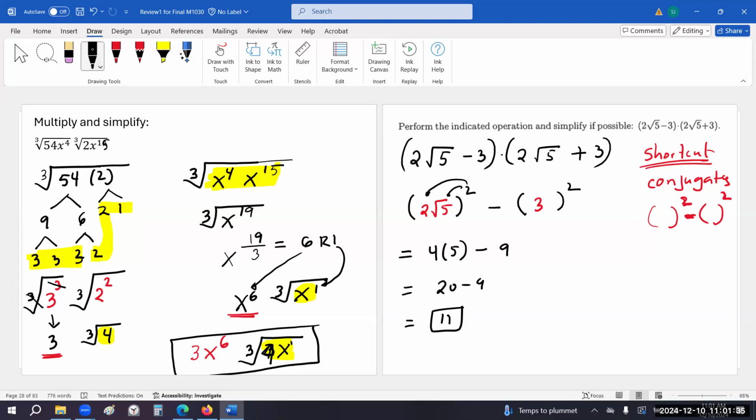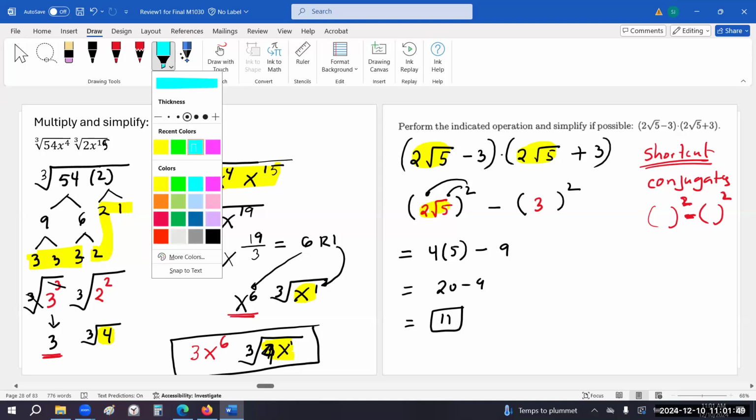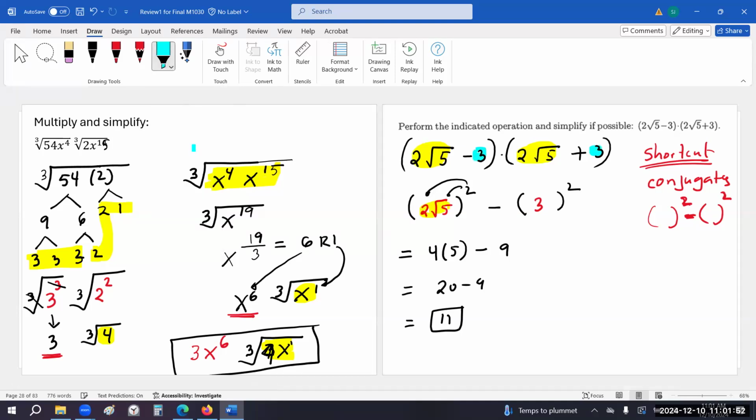This is a shortcut. It will make your life easier. We have this type of question in the exam. And we shortcut only when you see that you have the exact same two things with different signs. So you take each of them and you square them.